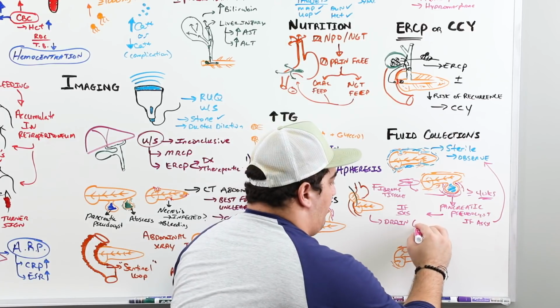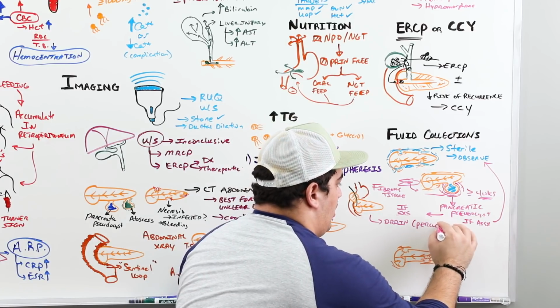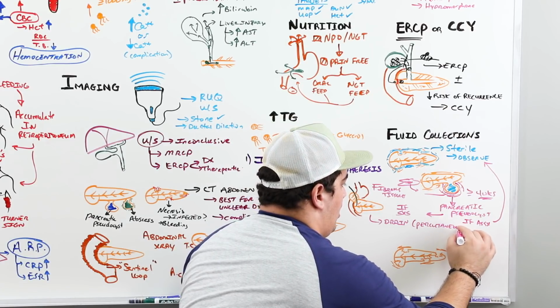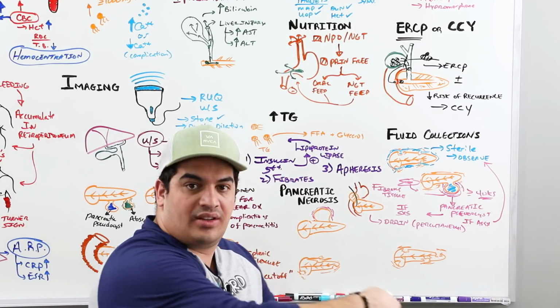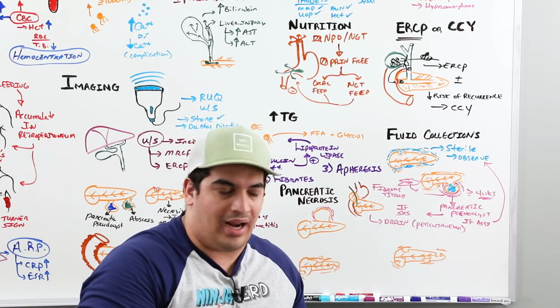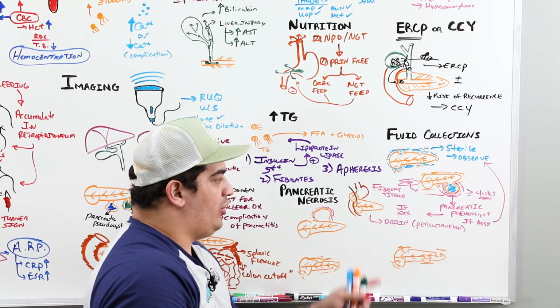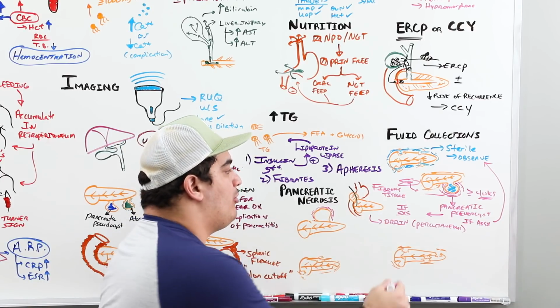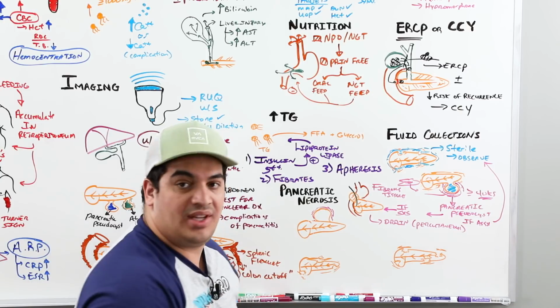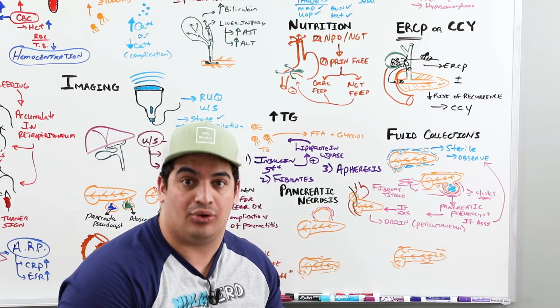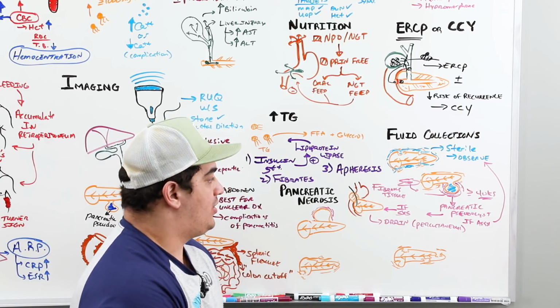You may do what's called a percutaneous drainage. So you stick a little needle in there and suck all that fluid out. You try to avoid this if at all possible, but if the symptoms become very persistent and problematic, then you may have to percutaneously drain that pseudocyst.